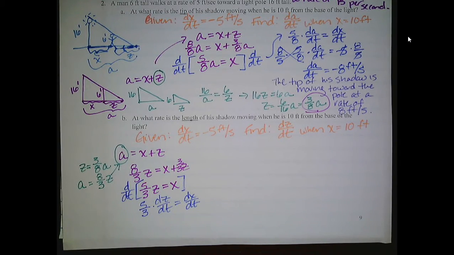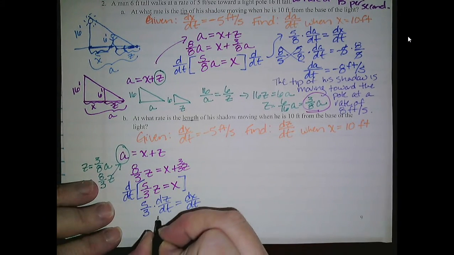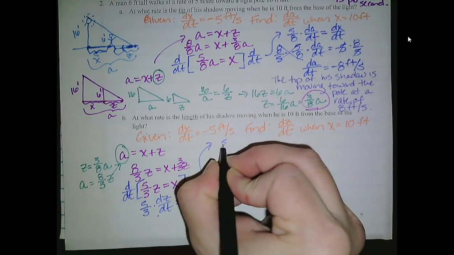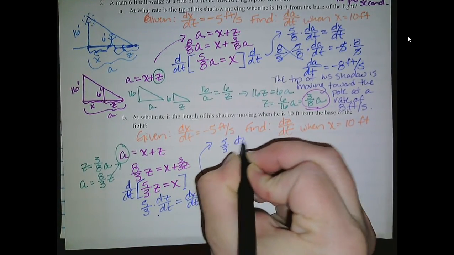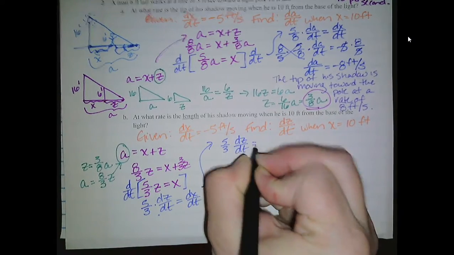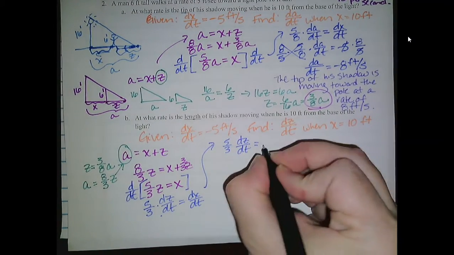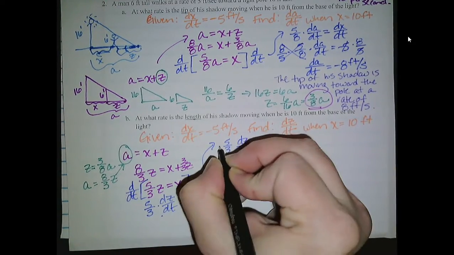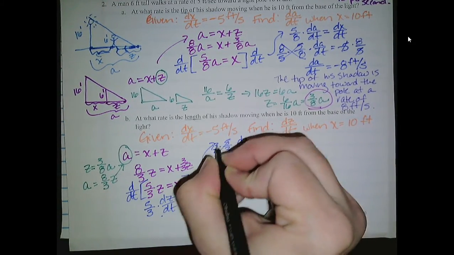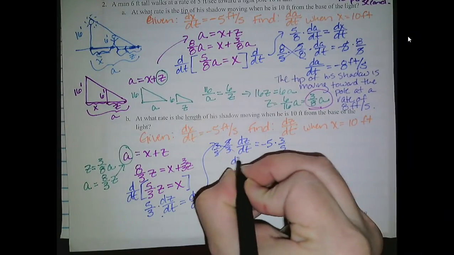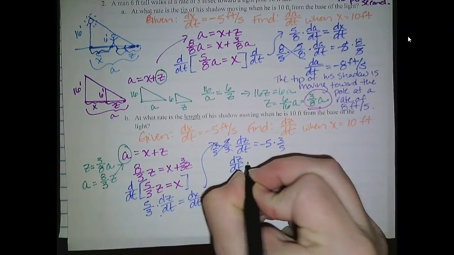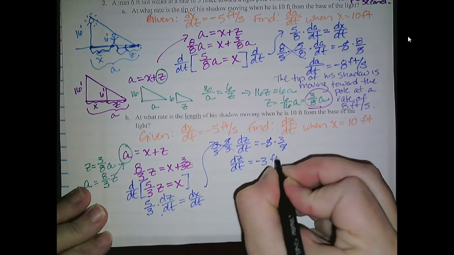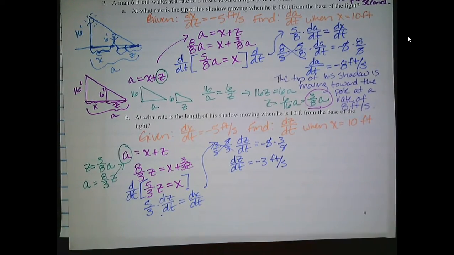I know that dx dt is -5, so I can substitute that in. I have 5/3 dz dt equals dx dt, which is -5. So if I multiply that by 3/5 on both sides, I get that dz dt would be equal to -3 feet per second.